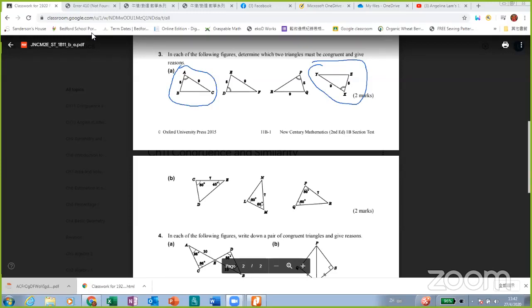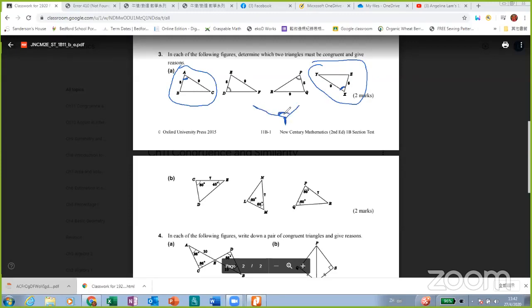Okay, and then the first one and then the fourth one. Can you see that this time I have fixed these two angles? It's just like when you use a compass. Do you remember what a compass is? The one for drawing a circle.